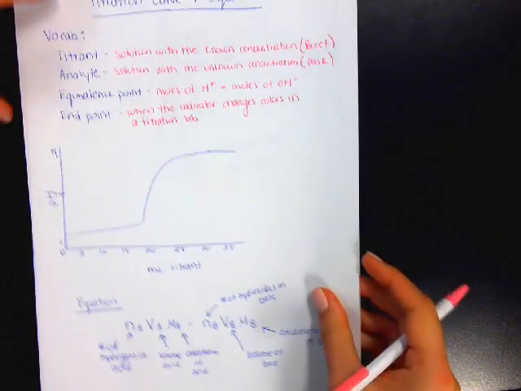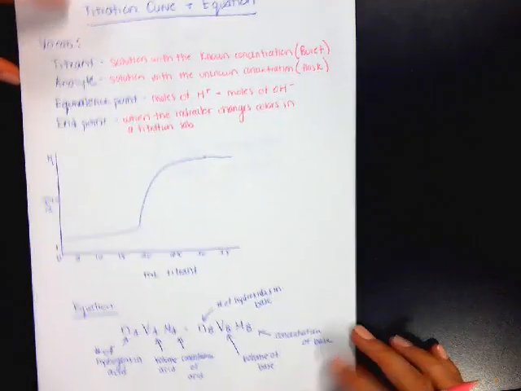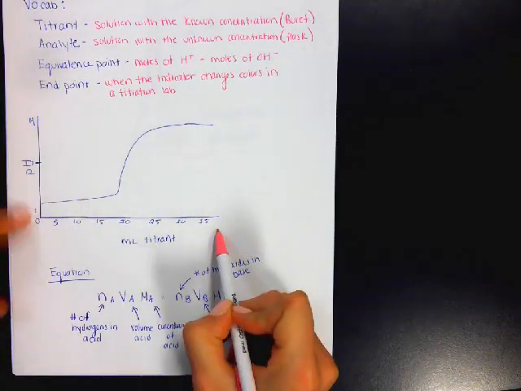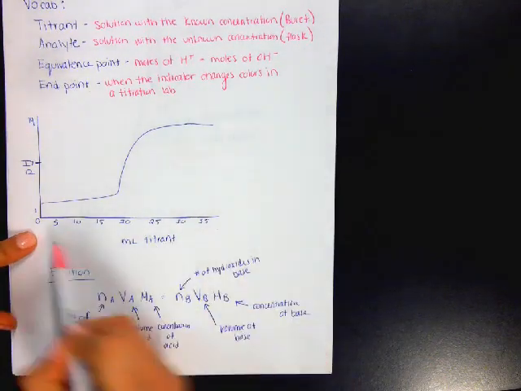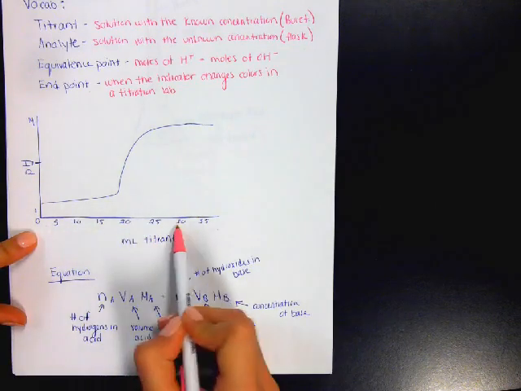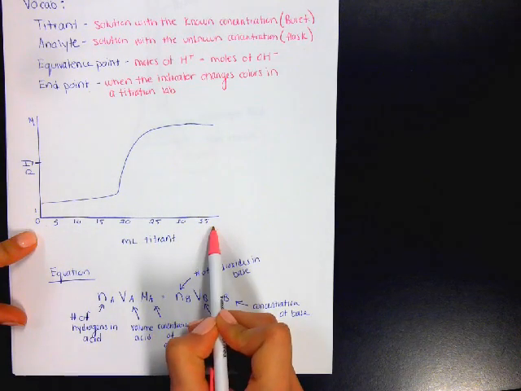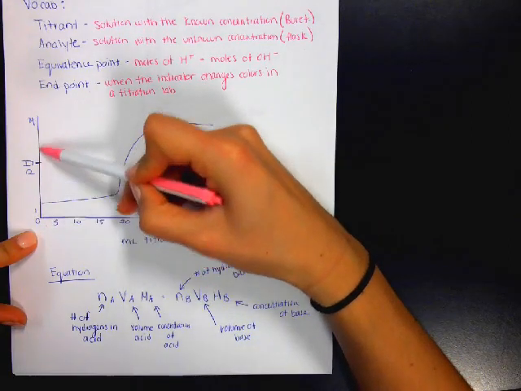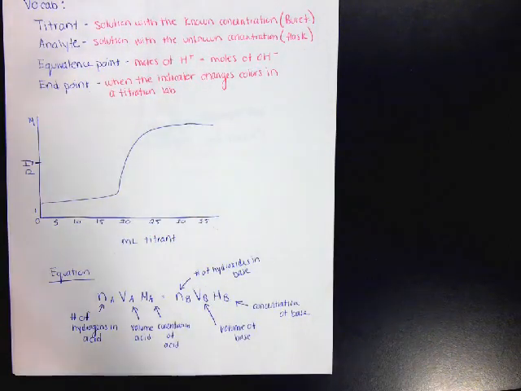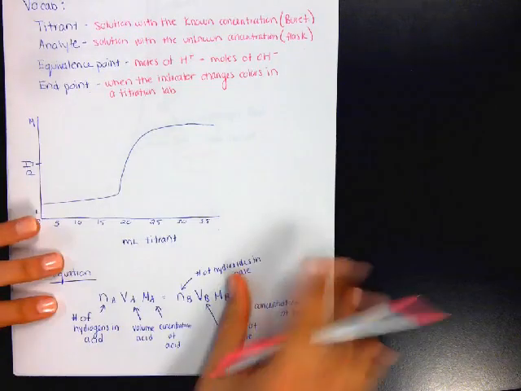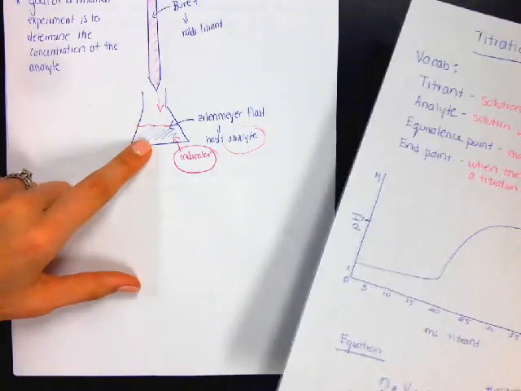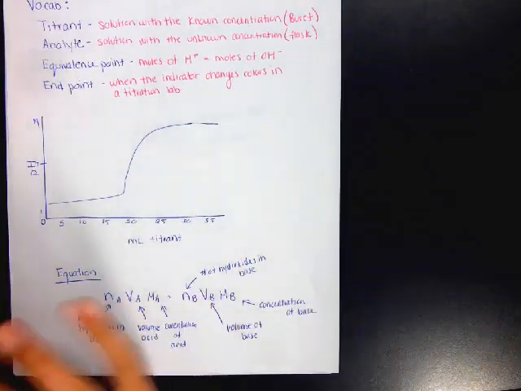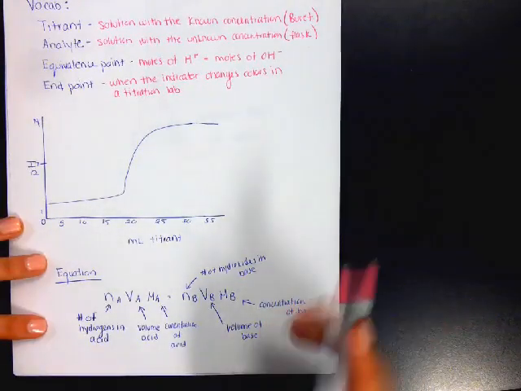So if we were to graph the data that you got from that experiment, you would graph something that looks like this. This is called a titration curve. And you graph the milliliters of titrant added, so that's the amount of solution that you add from your burette, and then the pH of the solution in your Erlenmeyer flask. So let's say that within our Erlenmeyer flask, our analyte was an acid.